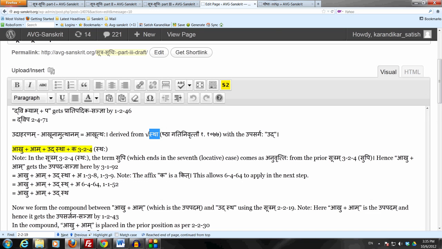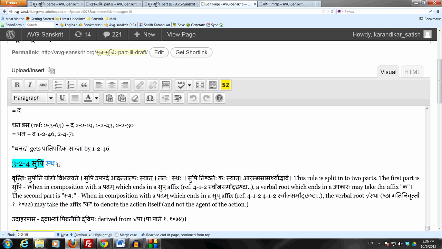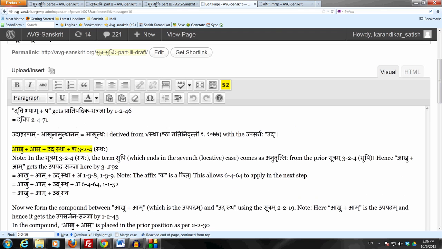Okay, so we now have the dhatu stha, and we are going to use the upasarga ud with that. So we have akhu am plus ud stha plus ka. The same affix ka is now being prescribed by the rule stha, the latter part which we split out from 3-2-4. On the same condition, supyupapade: when any sup is upapadam, in this case the upapadam is akhu plus am, ending in the affix am, which is of course a sup affix.